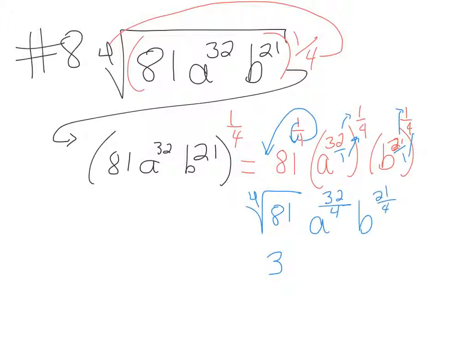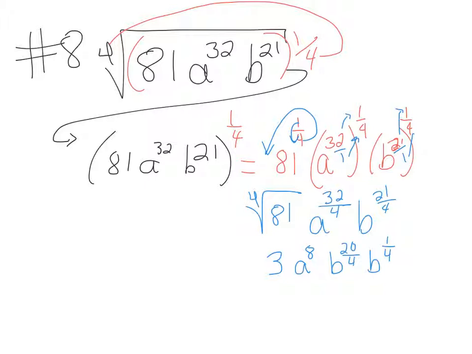Then after that, you have 32 divided by 4 is 8, so it's A to the 8. And then B, well, 4 goes into 21 5 times, and the remainder is 1. So I can rewrite that B as 20 over 4, and then B and 1/4.